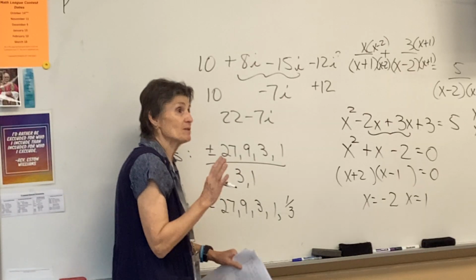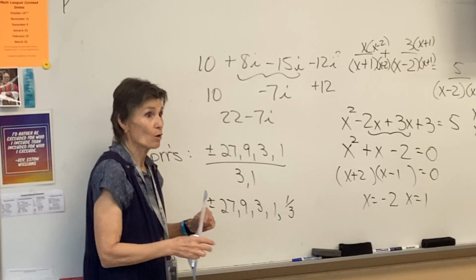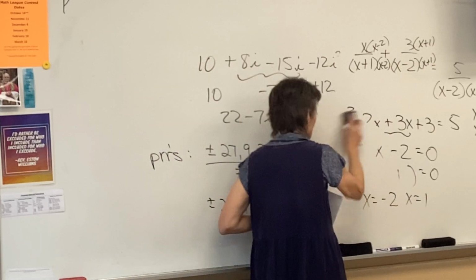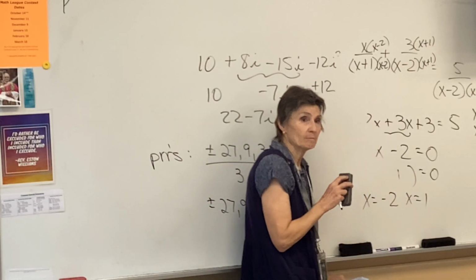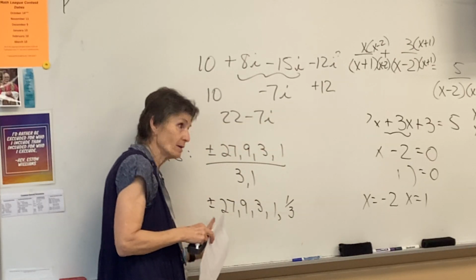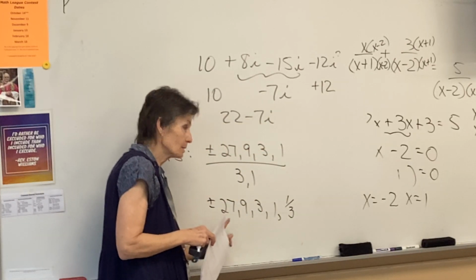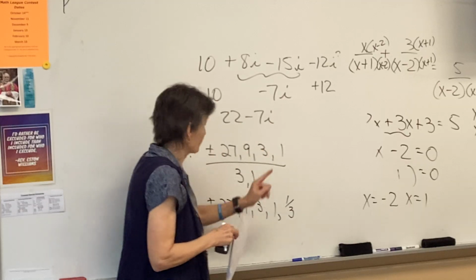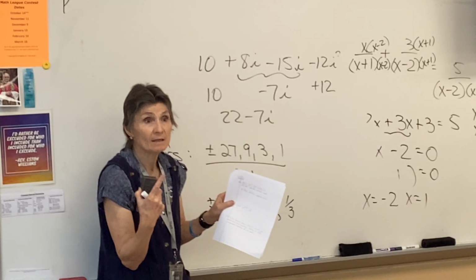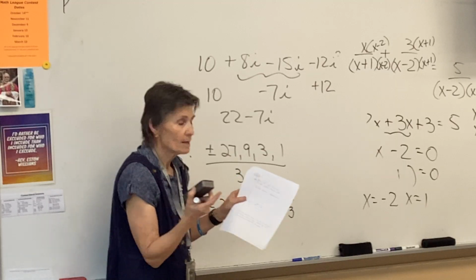Now it says find the solutions algebraically. So you have two choices. Could we do our synthetic division? Yeah. So you could pick numbers out of this pile, divide them into the original problem, and hopefully get a 0, right?